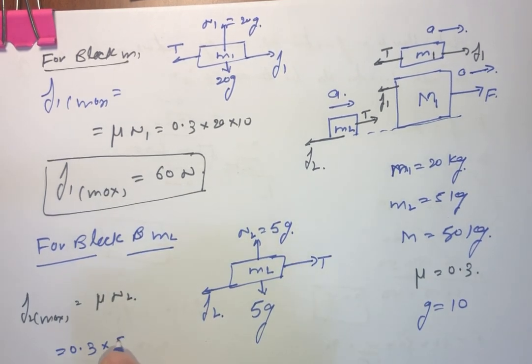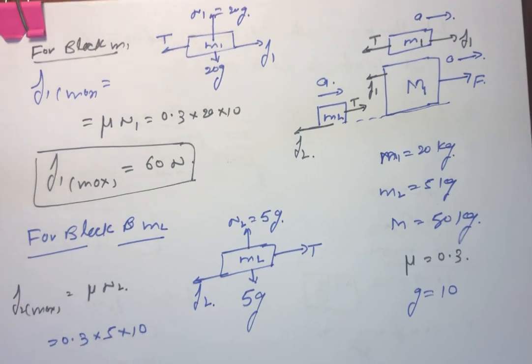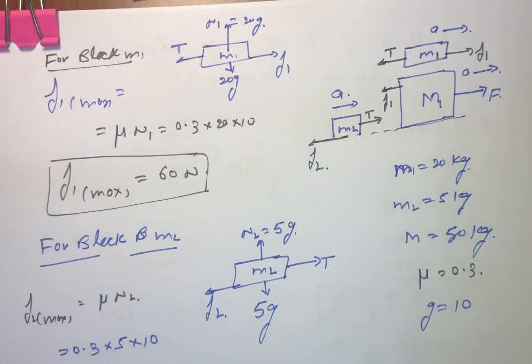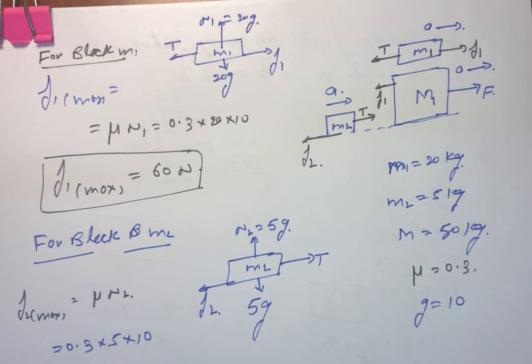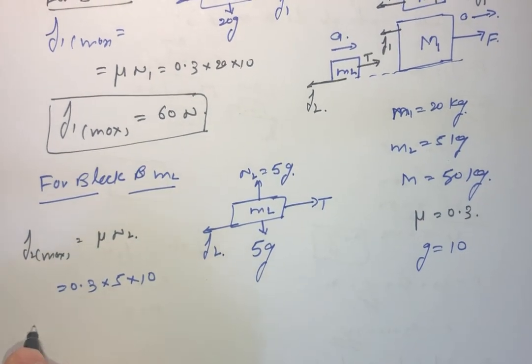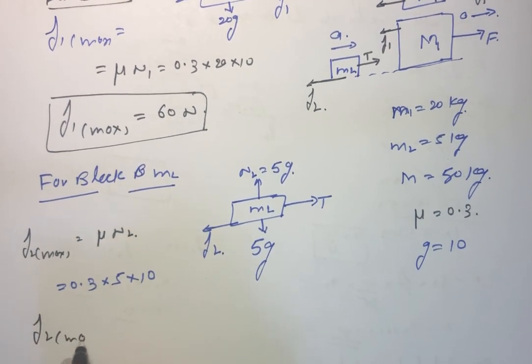N2 will be 5 into 10, so we have F2 max will be equal to 15 Newton.